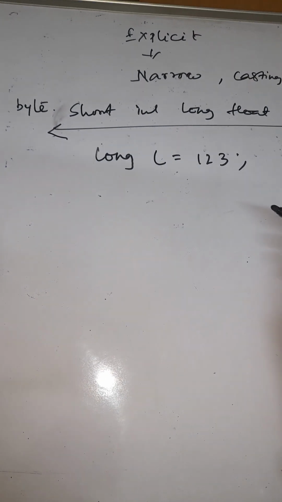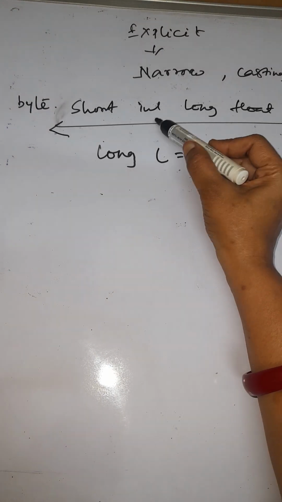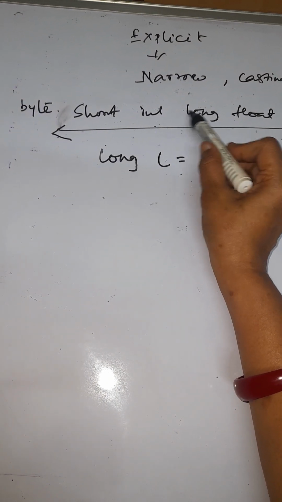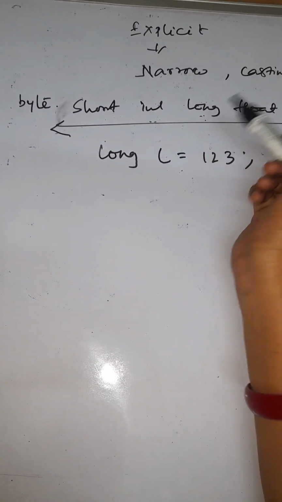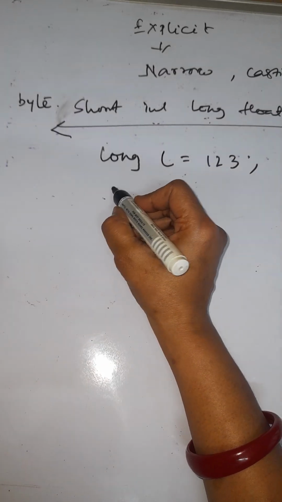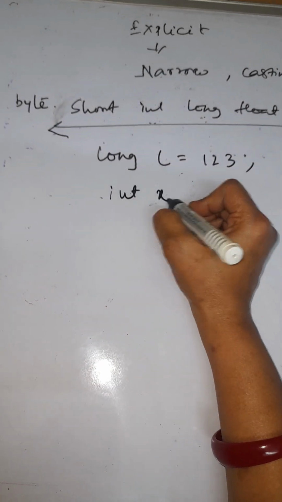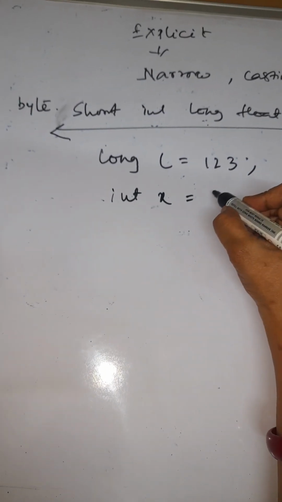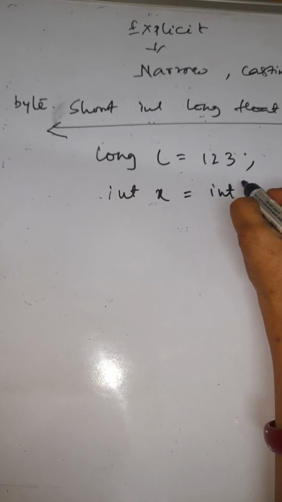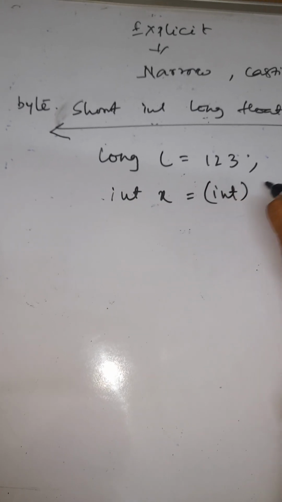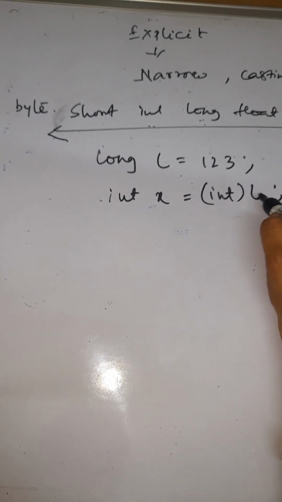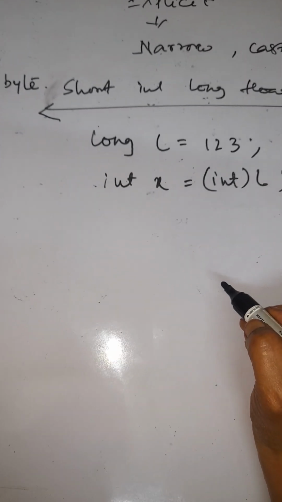If you want to convert it into an integer, which is smaller than long, it will be like this: int x equal to, and you have to convert L into an integer.